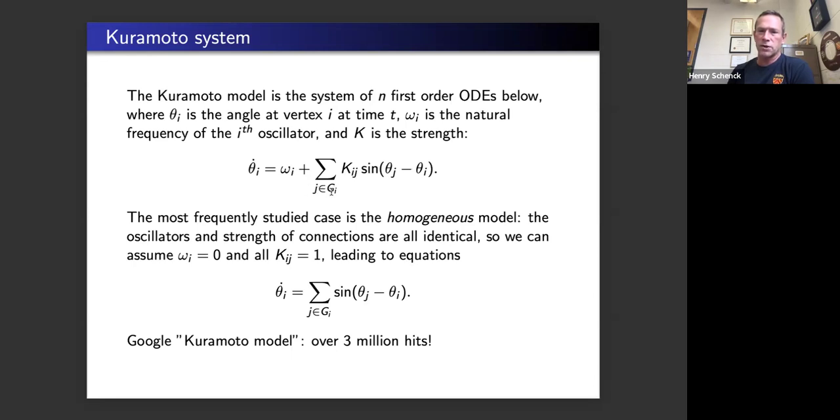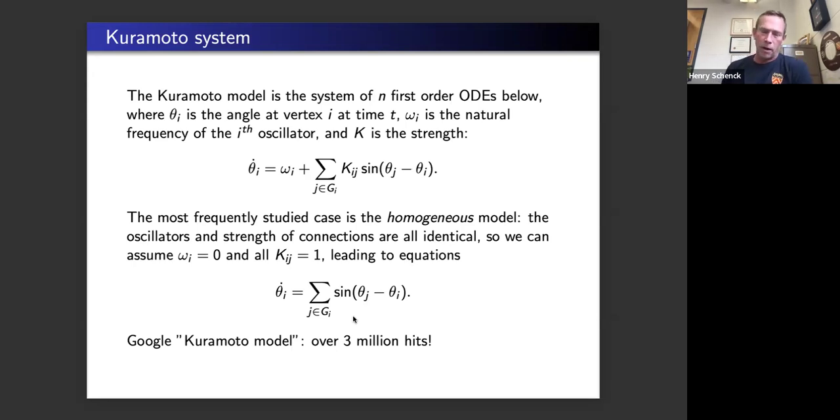Notice this j is in G sub I, so at vertex I the equation is only influenced by the adjacent vertices, the vertices which can actually see it. Assuming these weights are all 1 simplifies the system to theta I prime equals the summation over j in G sub I of sine of theta j minus theta I.